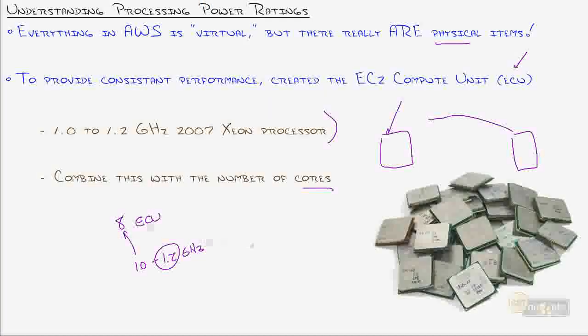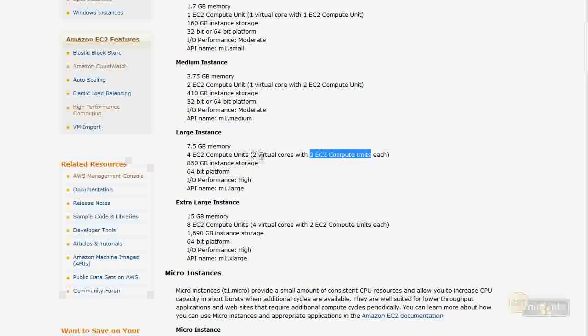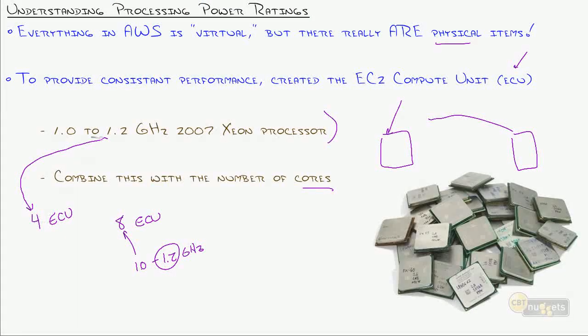It's almost like we've got to do some math here. So we said 4 ECUs in the large. We know that, let's go with the 1.2, each one of those ECUs is the equivalent of 1.2 gigahertz of processing, but it also said that I get 2 virtual cores. Okay, so I've got 4 ECUs, so let's just multiply that together. I've got 1.2 times 4.